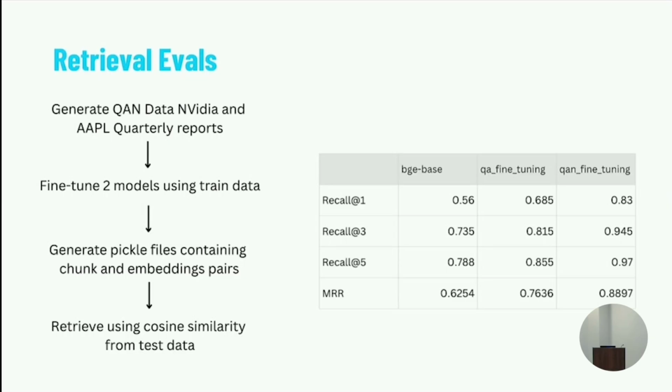Yes, so I would like to give an example. Let's say there is a simple question: what are NVIDIA's future plans? Just a simple query, and I want to retrieve the right chunk from a financial document.